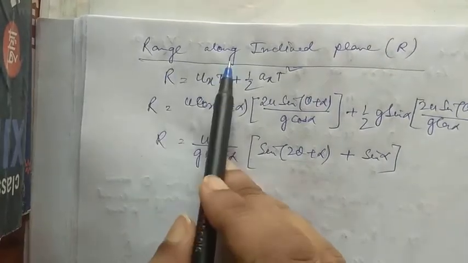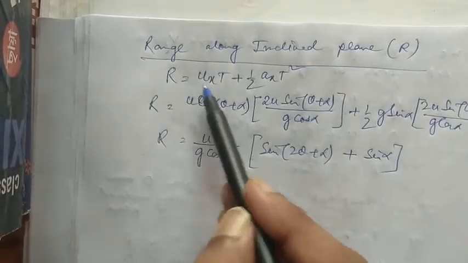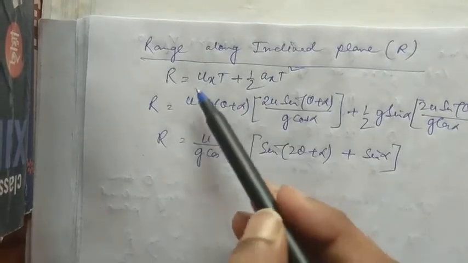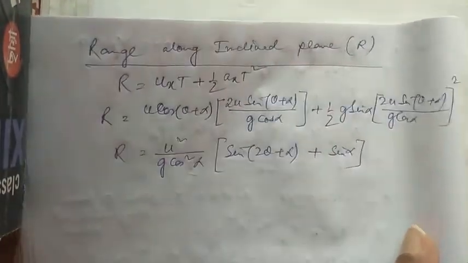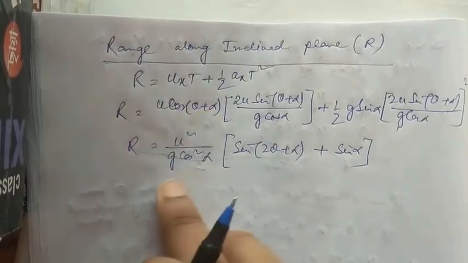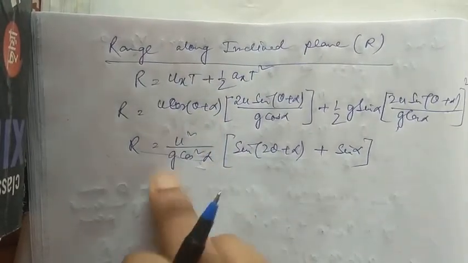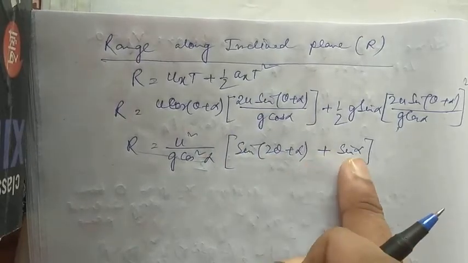Now the range along the inclined plane, same derivation: R is equal to u_x t plus half a_x t square, replacing the values of u_x and the value of t here. We get the value of range as u square by g cos square alpha into sin(2 theta plus alpha) plus sin alpha.